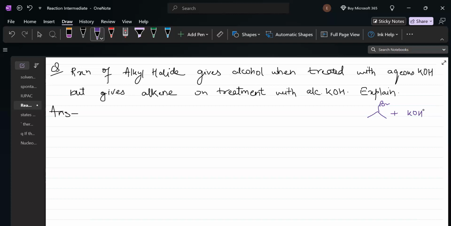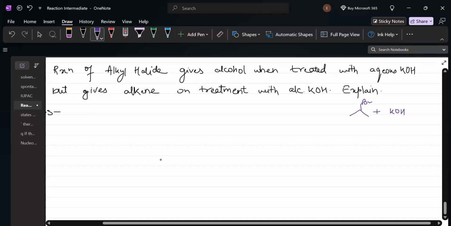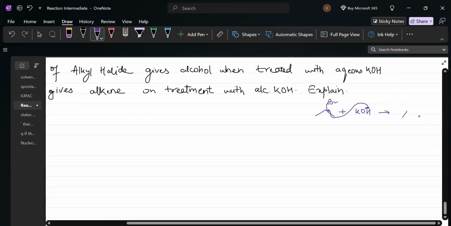And if potassium hydroxide is mixed with alcohol, since it is soluble, it will be known as alcoholic KOH. So what will happen here? This OH minus will attack this carbon and will form this.